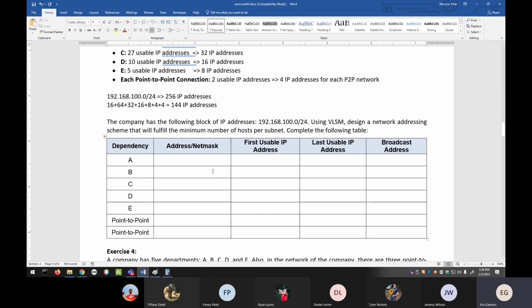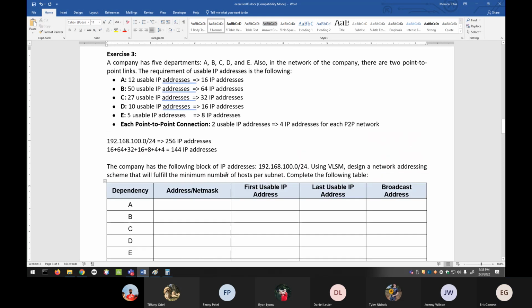Okay, so let's do an addressing scheme. Remember, we have to process from the biggest one to the smallest one. So which one should I process first? B. After doing B, which one do I have to do? C, correct. After doing C, which one do I have to do?